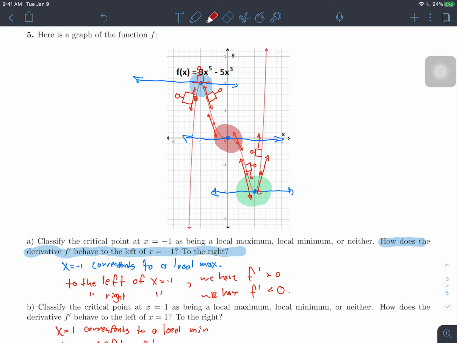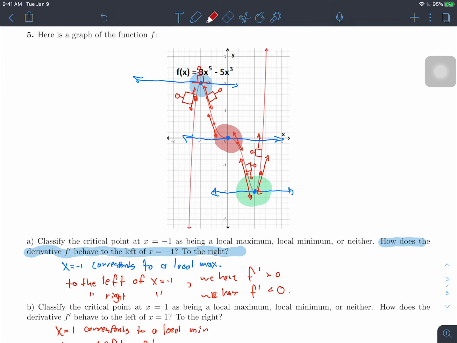And the way we describe this mathematically is by asking, what does going up mean mathematically? It means the function is increasing, which happens when the derivative is larger than 0. Likewise, decreasing means we're going down, means the derivative is less than 0.